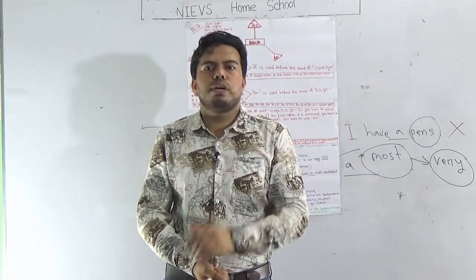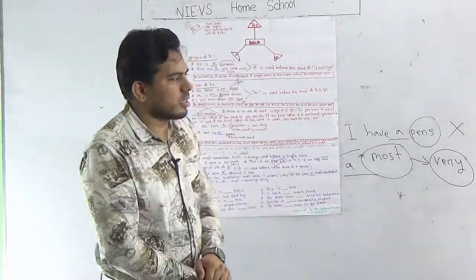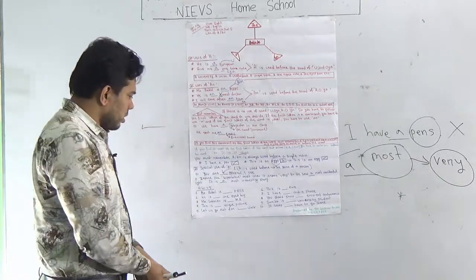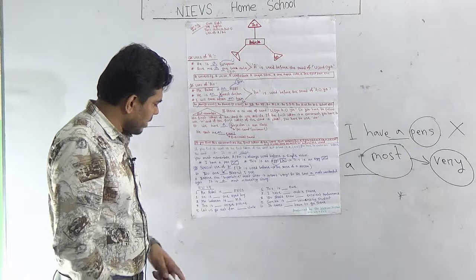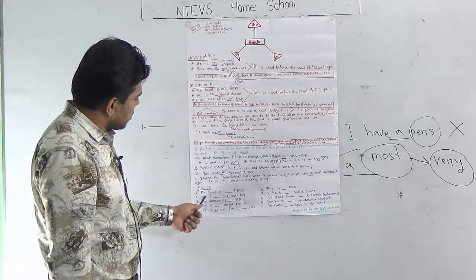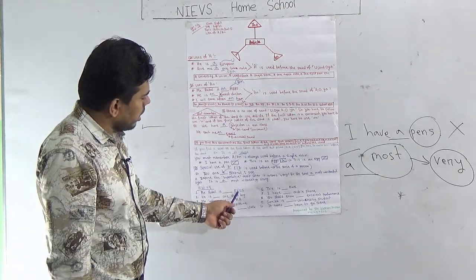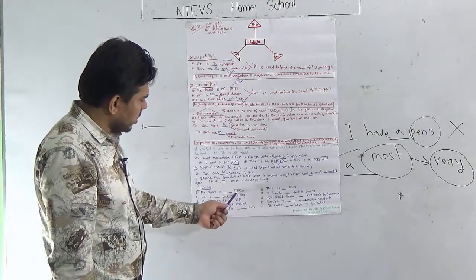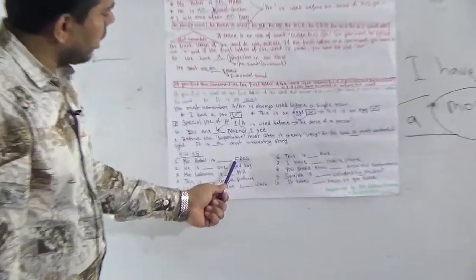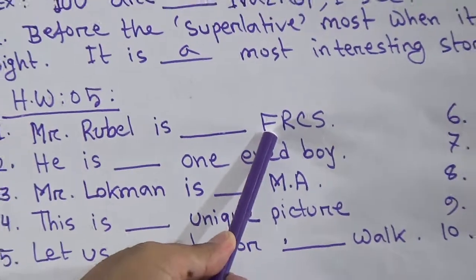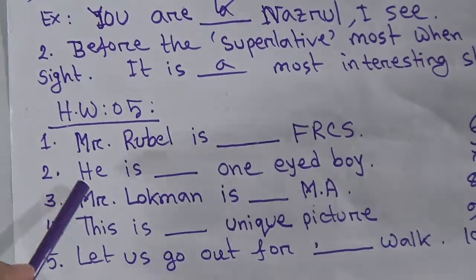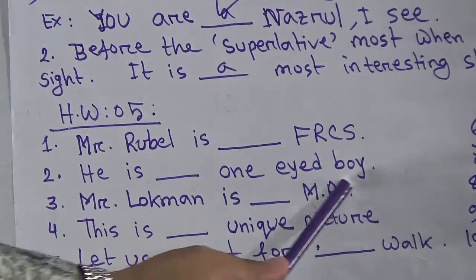Okay, now I will provide you some exercise as your SW. Please note it down. This is my SW number 5. My first example is Mr. Robel is FRCS. Just try to produce the word FRCS, and then what type of sound is here, then identify the articles. Then he is a one-eyed boy.